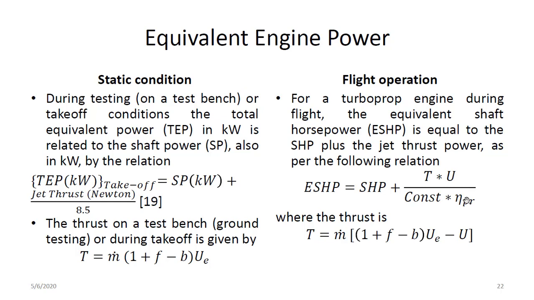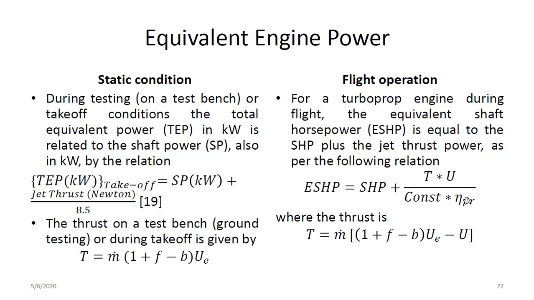So these are some empirical formulas. Then the thrust on a test bench, on the ground or during takeoff, will be given by the mass flow multiplied by (1 plus fuel-air ratio minus the bleed air) multiplied by the flight speed.